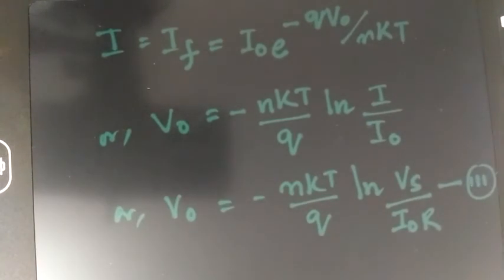Now simply by interchanging the positions of R and the diode, one can construct an anti-logarithmic amplifier. I hope this section is quite clear to you, and if you have any queries, you can drop in your questions.